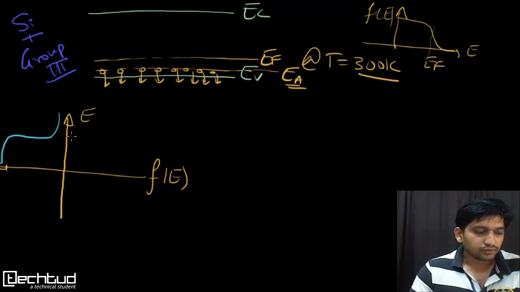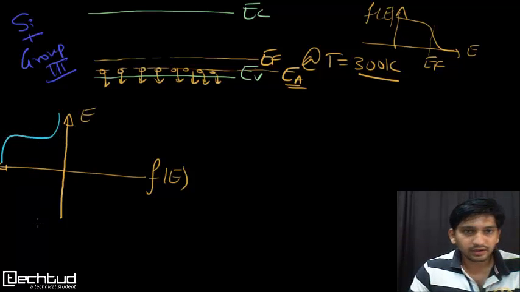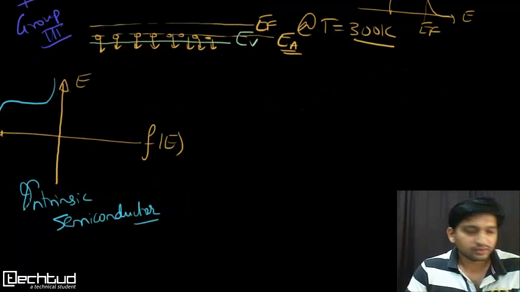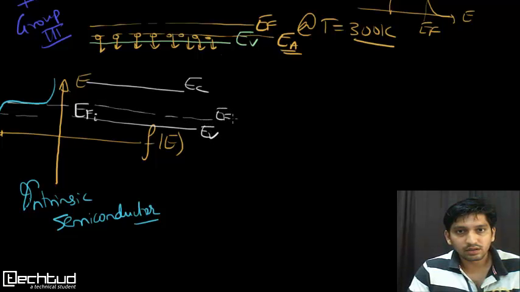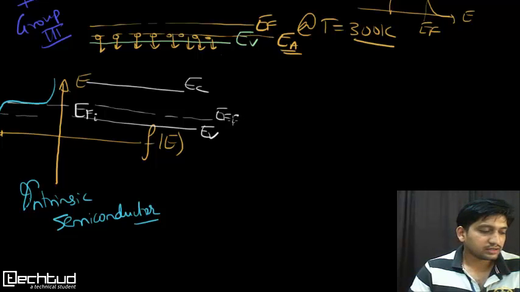So what this plot is showing is for an intrinsic semiconductor. This is your EFI, the intrinsic semiconductor. We also know that the conduction band is here, EC, and EV will be at this energy level. This is your EV, and this is your Fermi energy level, EFI, or EI we can say directly.